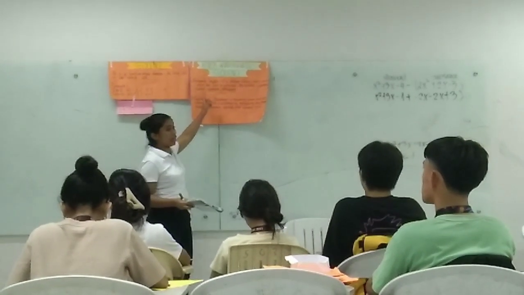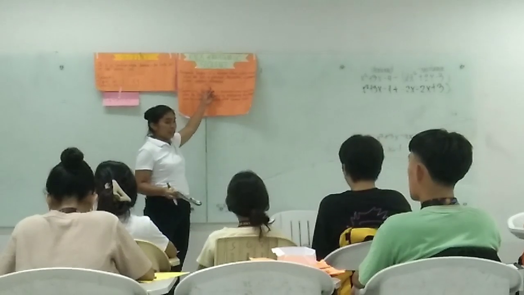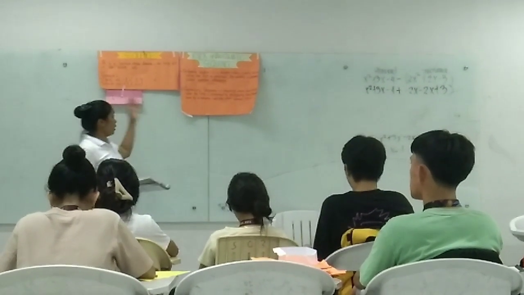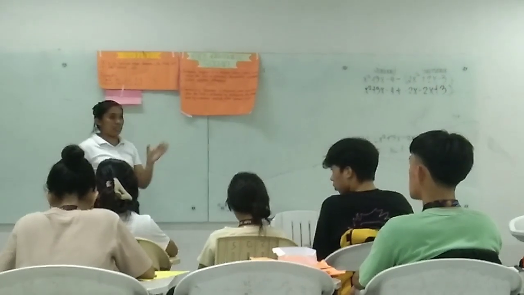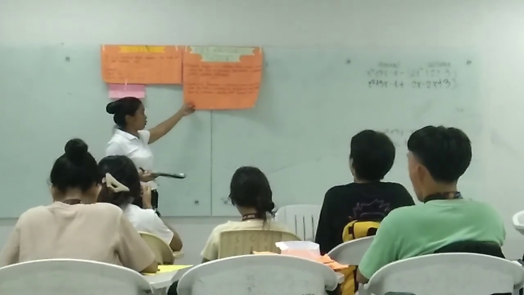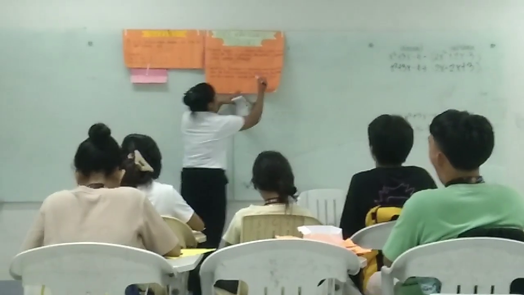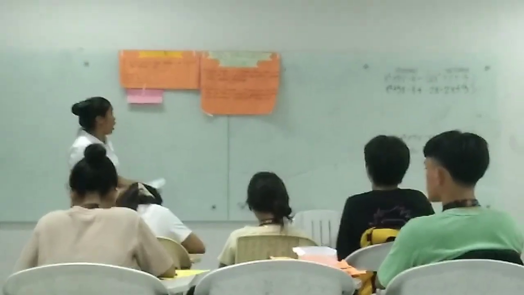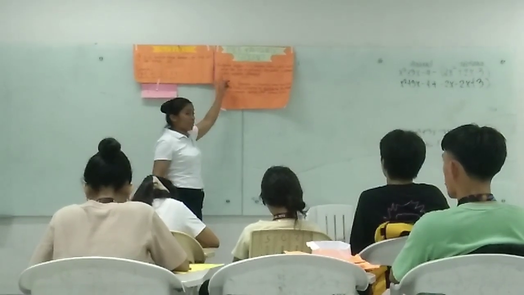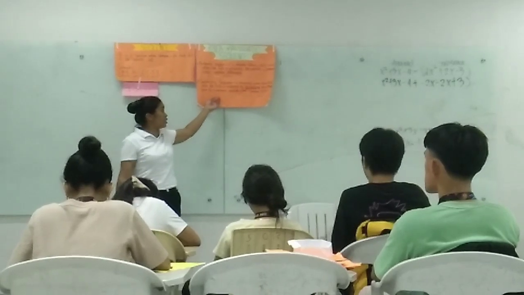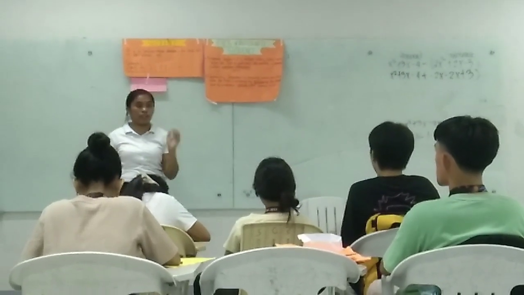When we solve an arithmetic sequence, we'll be using what? Yes, the common difference, which involves adding, while in a geometric sequence we will be multiplying the preceding term by a non-zero constant. So the constant in an arithmetic sequence is called the common difference, while in a geometric sequence it is called the common ratio.